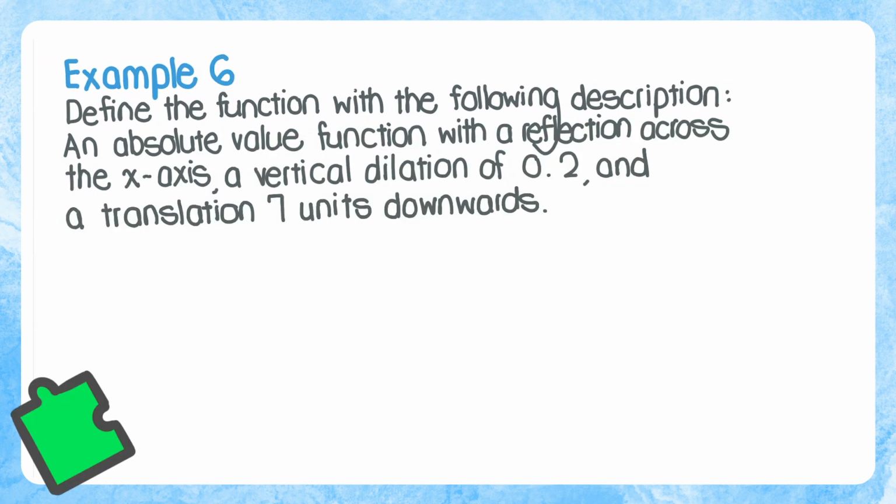On Edpuzzle, please define the function with the following description. An absolute value function with a reflection across the x-axis, a vertical dilation of 0.2, and a translation 7 units downwards.